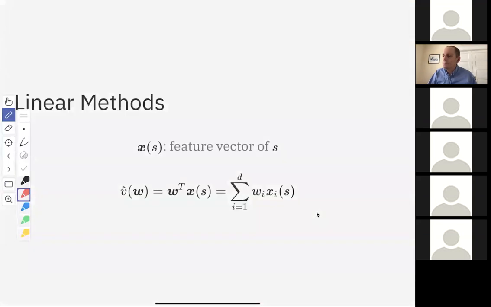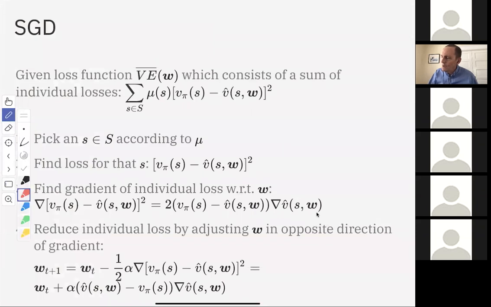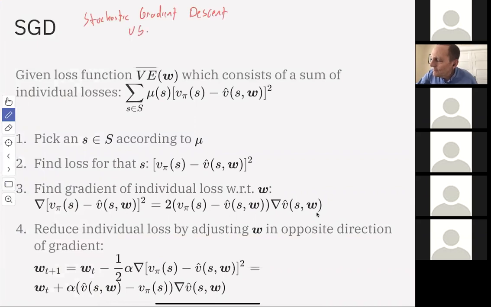Okay, so here's what we're going to do. We've got our loss function. Let me actually make it slightly simpler. So stochastic gradient descent, and then we also have, versus, let's just call it gradient descent.